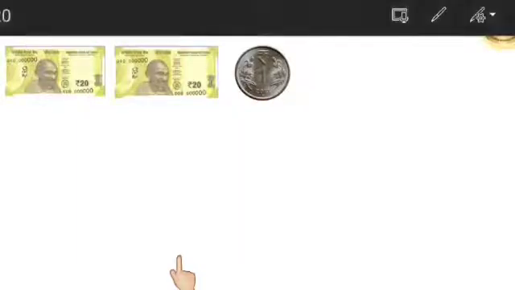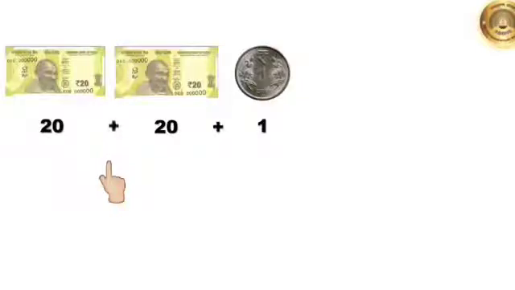Here we will see how to calculate the total amount or total money which we have. Here we have two 20 rupees notes and one 1 rupee coin. Then tell me, children, how to calculate the total money. First, we have to see the value of the currency notes and coins.